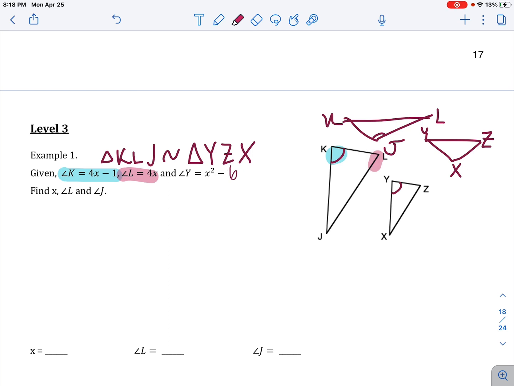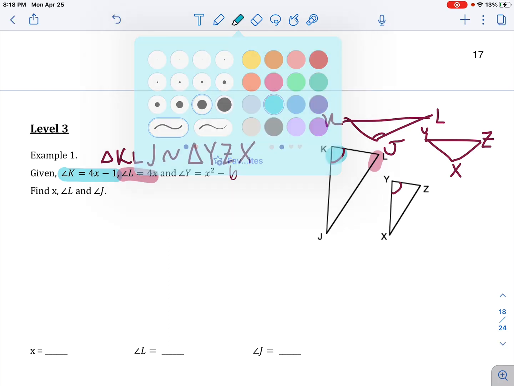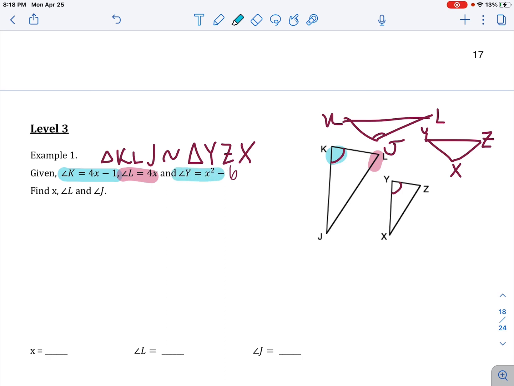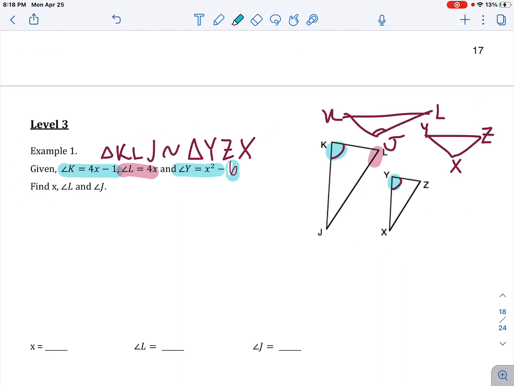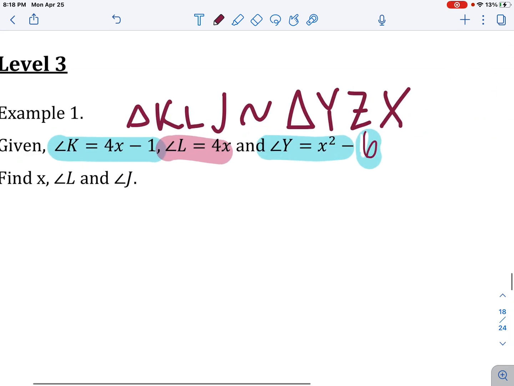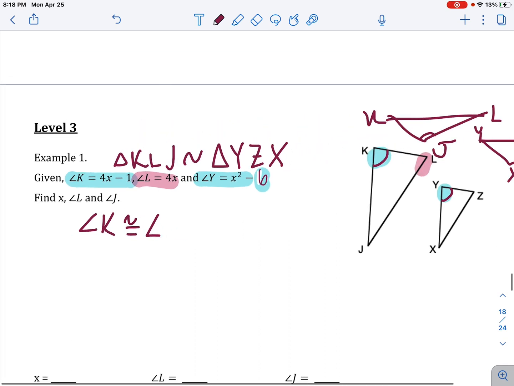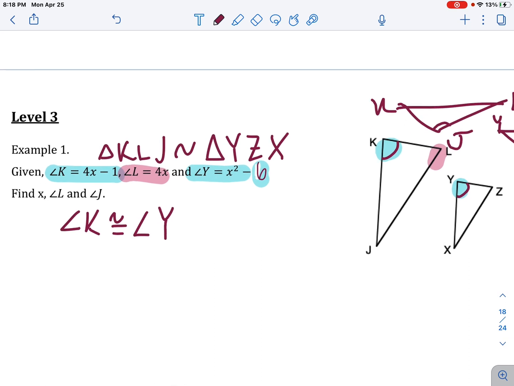We're given what those are equal to, and then we're also given that angle Y is x minus 6. And I think in your notes packet, it says that angle Y is x minus 7. I want you all to change that to x minus 6. So again, we know that angle K is going to be congruent to angle Y. So we can set those equal to each other.